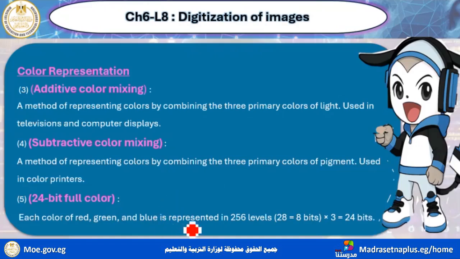So when we present the 3 primary colors of light, we represent them in 256 levels. Why? Because we use 2 to the power 8, which is equal to 8 bits, and then multiply by 3 because we have 3 colors, so the result will be 24 bits. It means we use all the levels of colors.